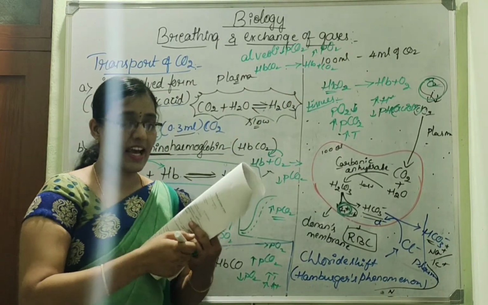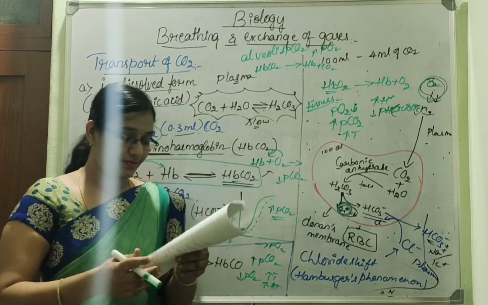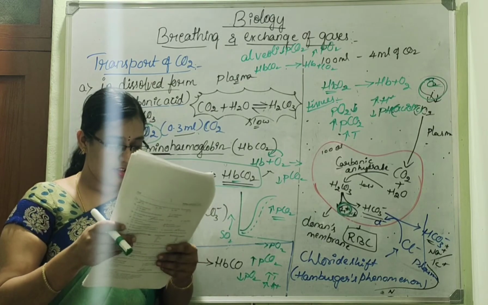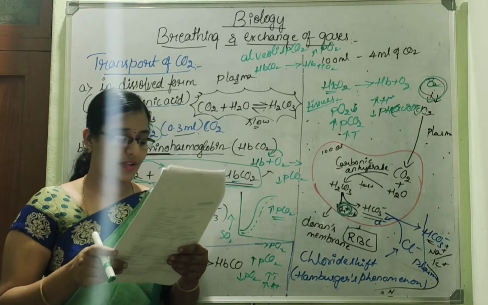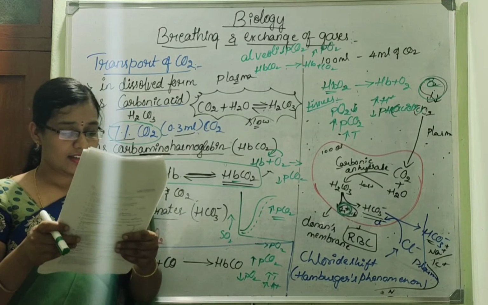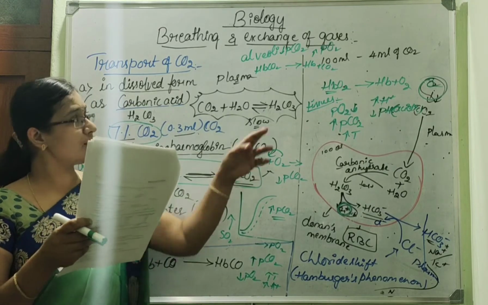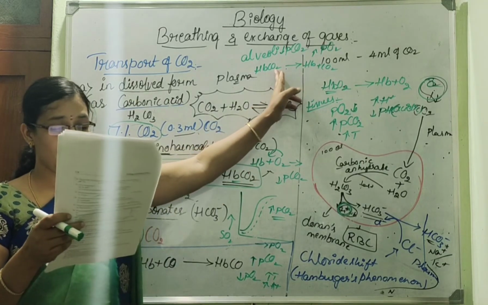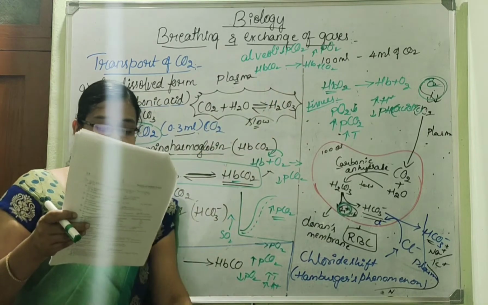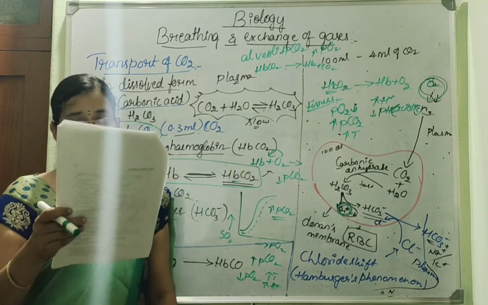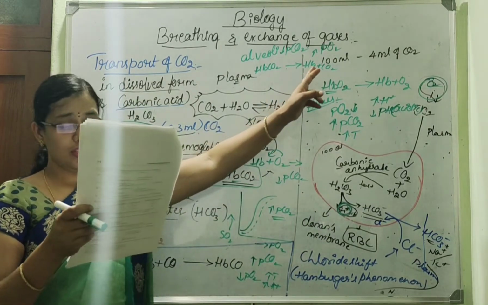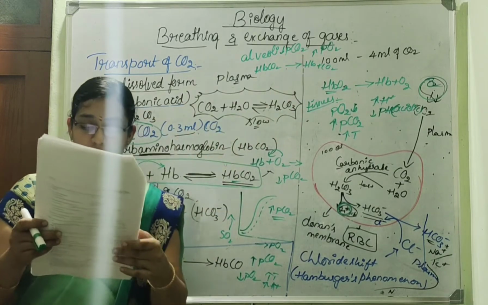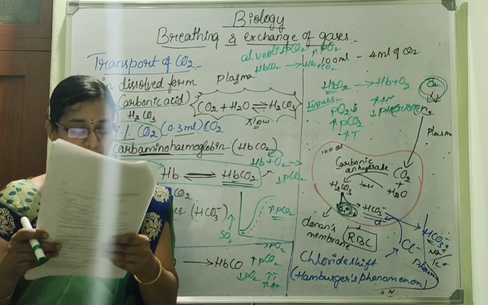So it takes place at alveoli. So carbon dioxide dissociates from carbaminohemoglobin when? What is the right option? High PO2, low PCO2, option D.